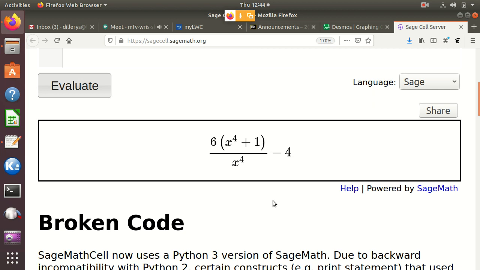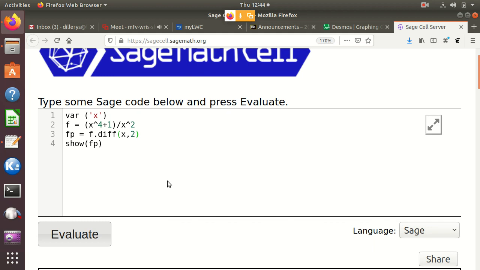It even has stuff like collect. So you can collect a variable or an expression. We aren't going to really worry about that right at the moment. I just want to show you that you can calculate derivatives really easily this way. Okay, so we've got our derivative there.